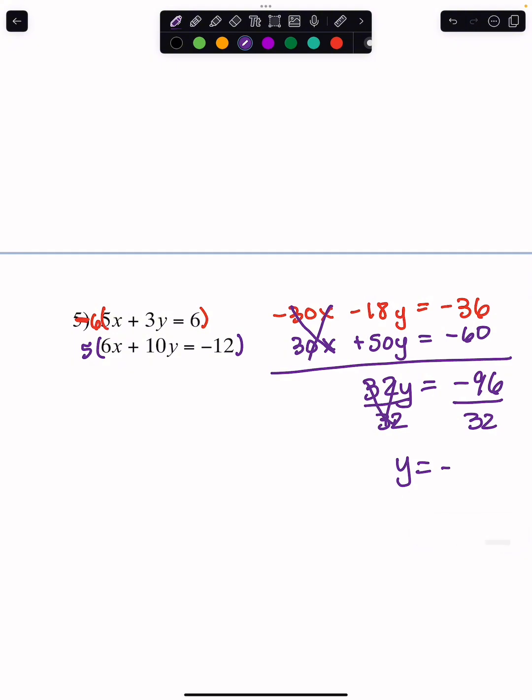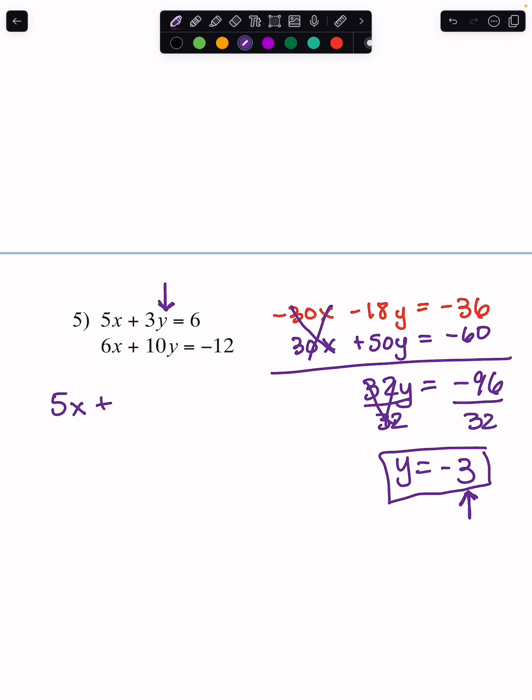Now I got to plug that y back into one of the equations, whichever one is the easiest. That top one is probably the easiest. I'm going to plug it into there. So this -3 is going where this y is. So I got 5x plus 3 times -3 equals 6. 5x, and then 3 times -3 is -9, equals 6.